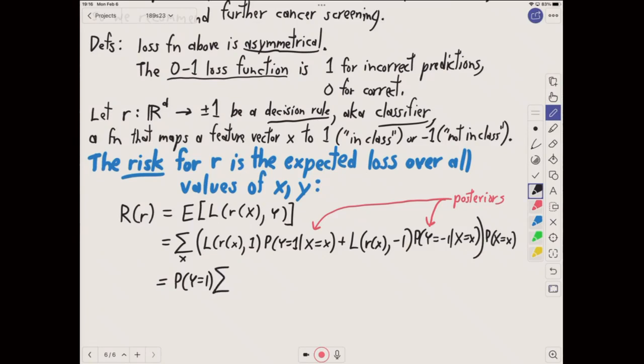So first, I'll consider all of the cases where we have a point in the class. And then I'll consider the case of all possible points that are not in the class. And in both cases, I'm summing over all the different possible values of x that might come up for that class.